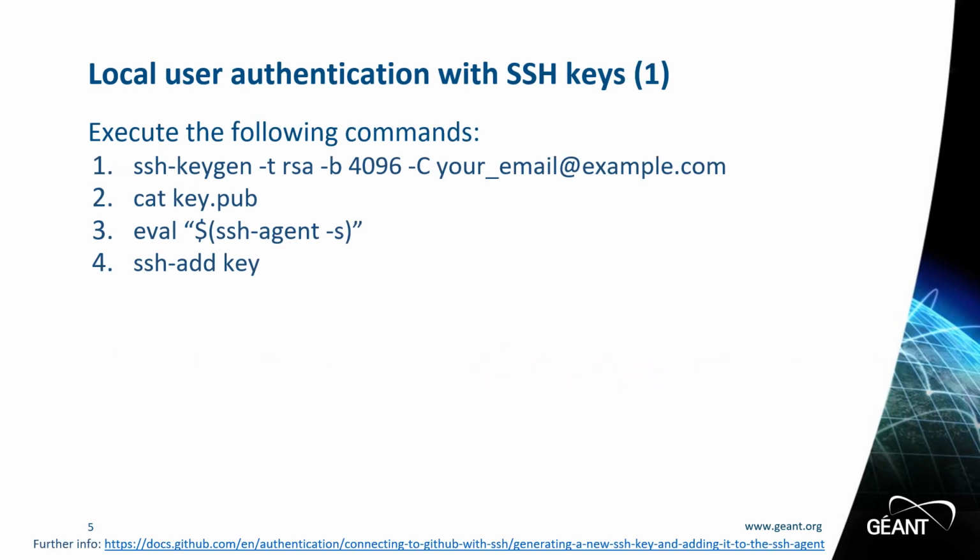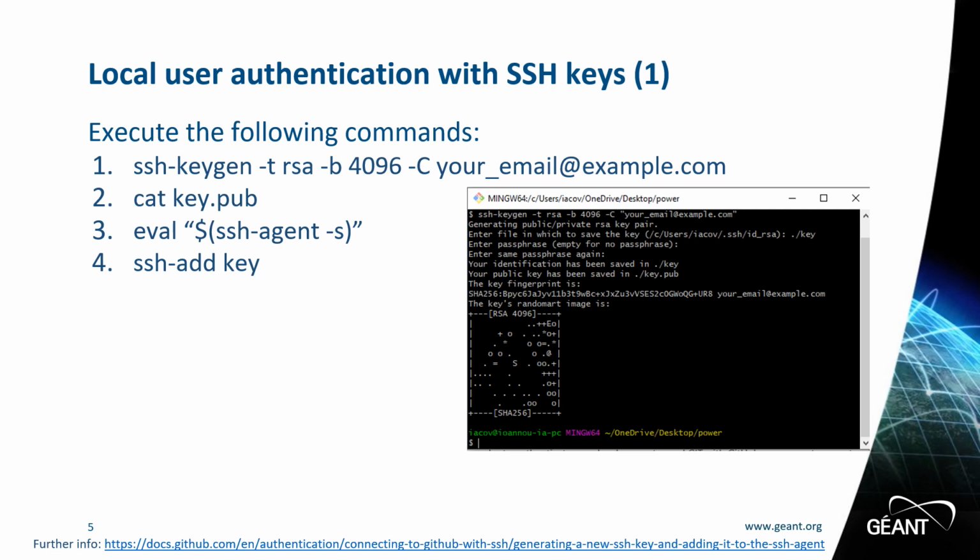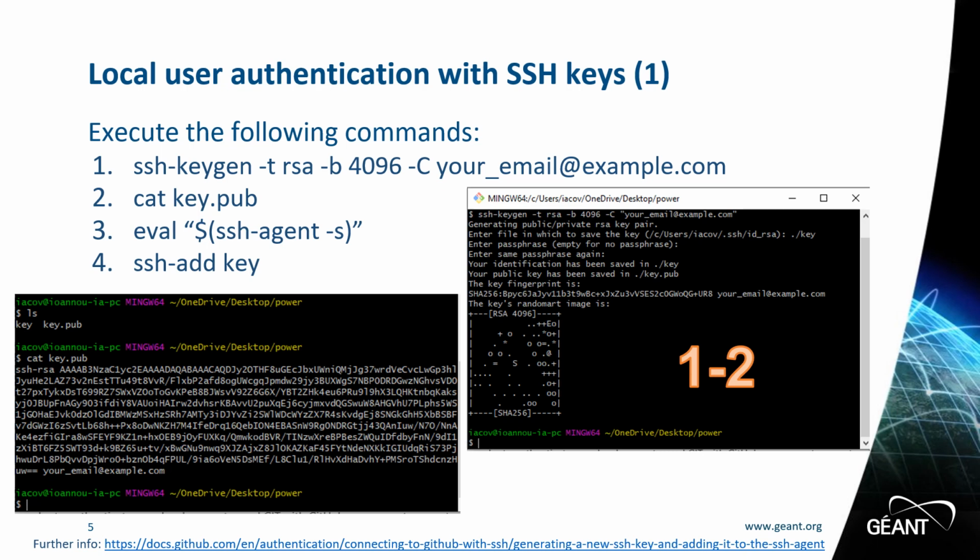To authenticate their local computer and Git with GitHub, a user must generate a secure shell SSH key pair, public and private key. For the generation of the key, a user must execute the commands you can see on the slide. The first command generates the key, which is ssh-keygen, with your email. The second command shows the public key, cat key.pub.